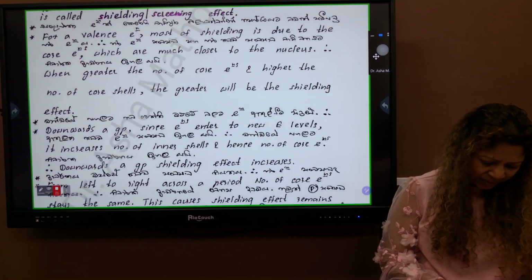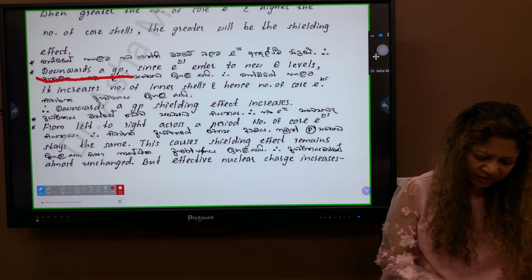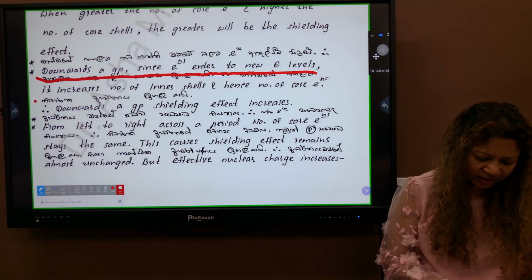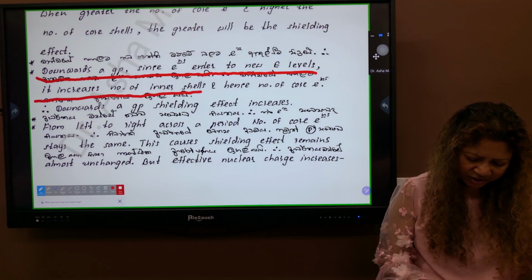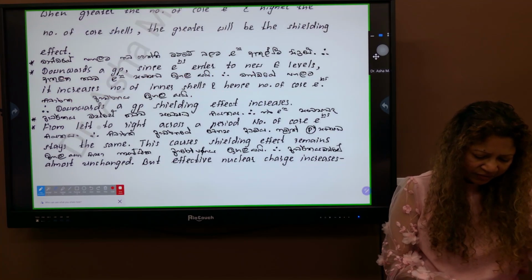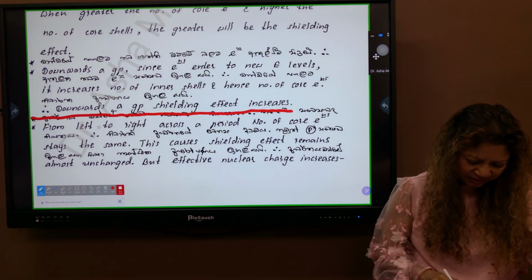Okay, now what happened downwards a group? Since electrons enter new energy levels, it increases the number of inner shells and hence the number of core electrons. Therefore, downwards a group, shielding effect increases.